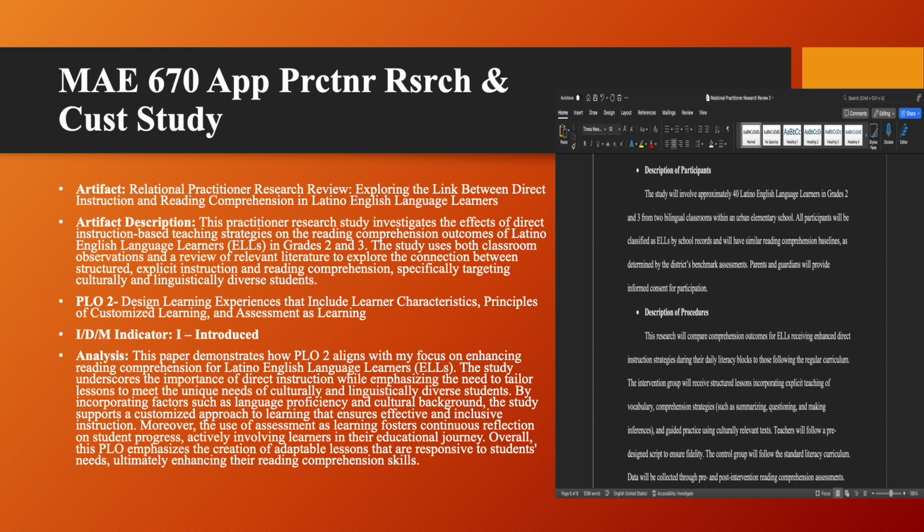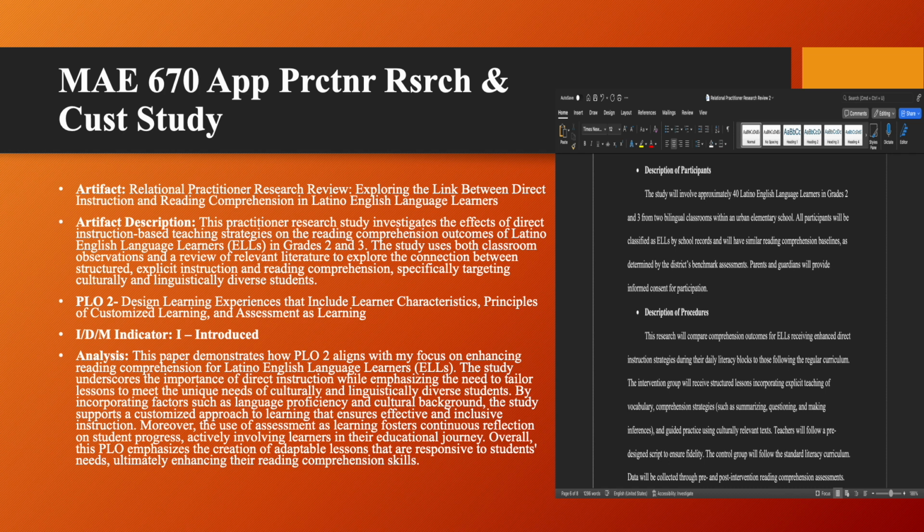This artifact encompasses PLO2, design learning expectations that include learner characteristics, principles of customized learning, and assessments as learning. And I have given myself a level I for this skill set. My analysis is that this paper demonstrates how PLO2 aligns with my focus on enhancing reading comprehension for Latino English language learners.